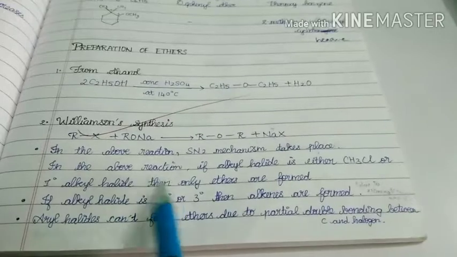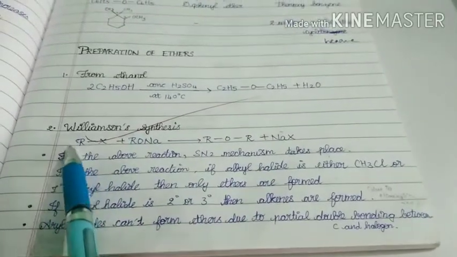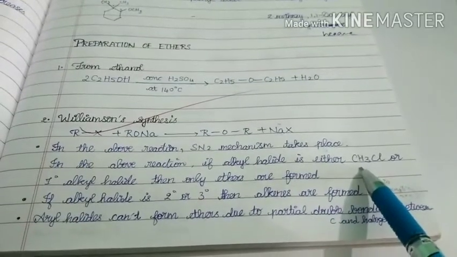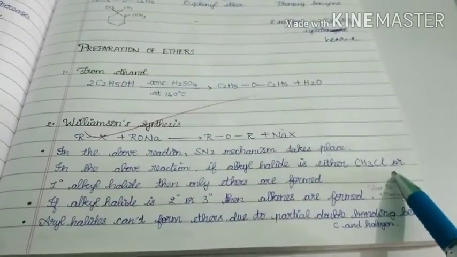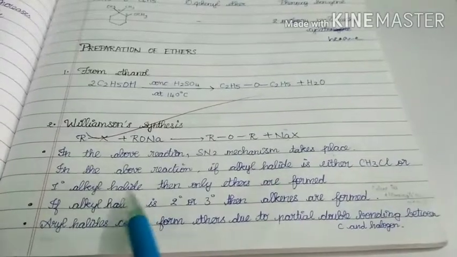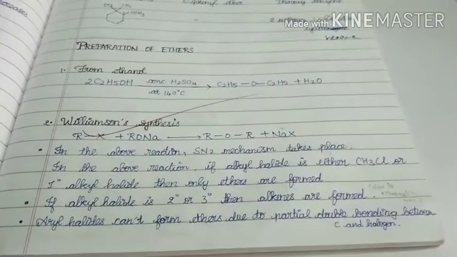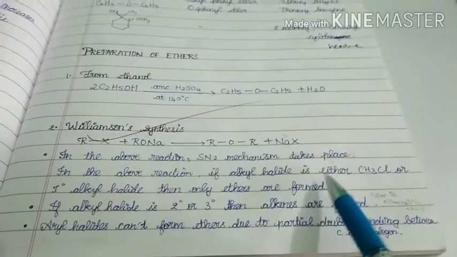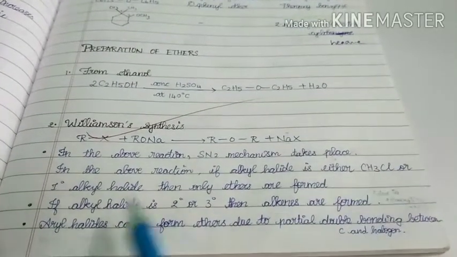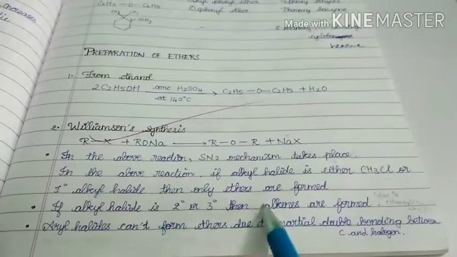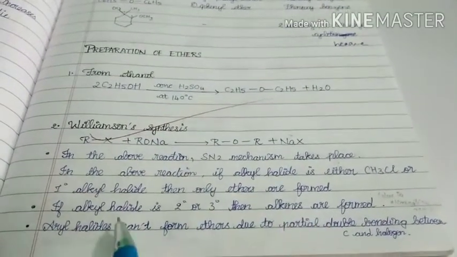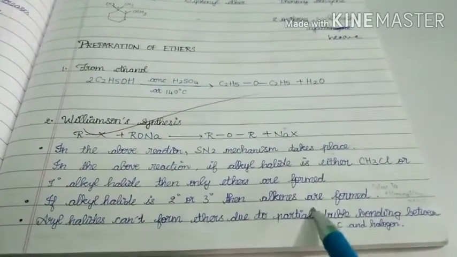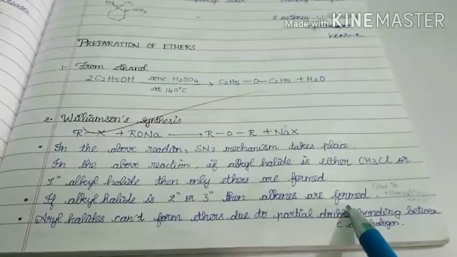In the above reaction, if the alkyl halide is either CH3Cl or primary alkyl halide, then only ethers are formed. This is a very important point. If the alkyl halide is secondary or tertiary, then alkenes are formed instead of ethers.